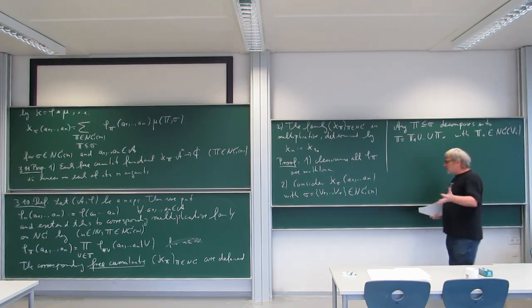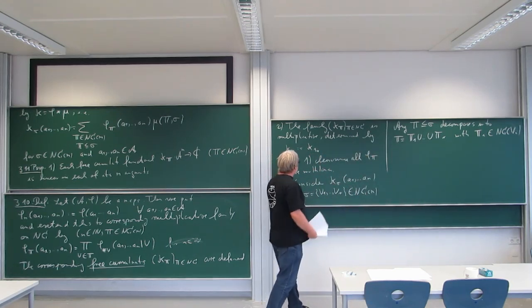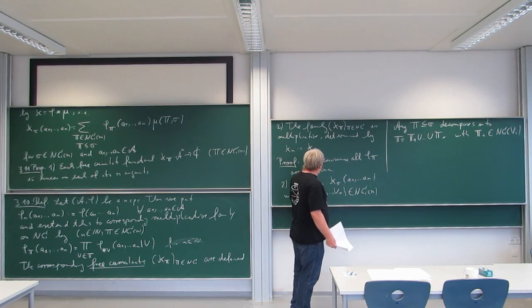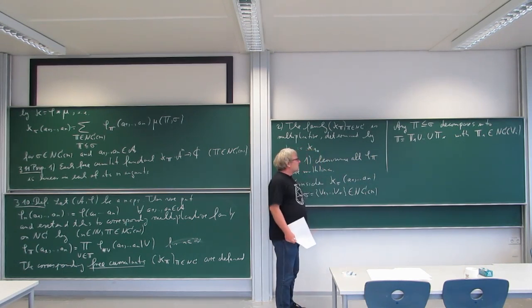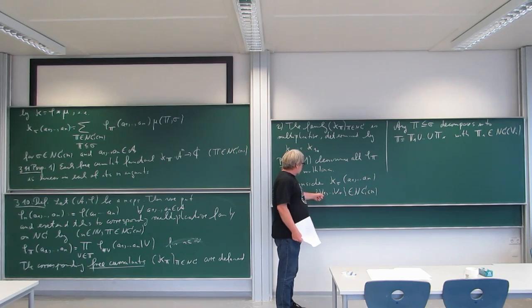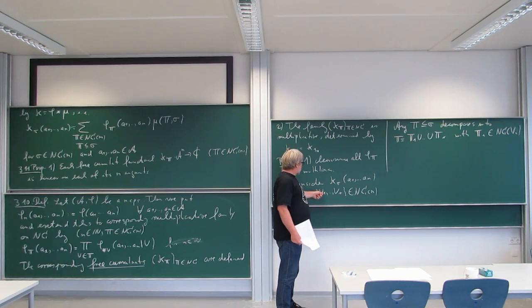So I mean, pi has some blocks, and the blocks of pi are subsets of the blocks of sigma. In pi 1 I'm just collecting the blocks of pi which are contained in this block V1. In pi 2 I'm collecting the blocks of pi which are contained in V2 and so on. Of course, the blocks of pi must be non-crossing.